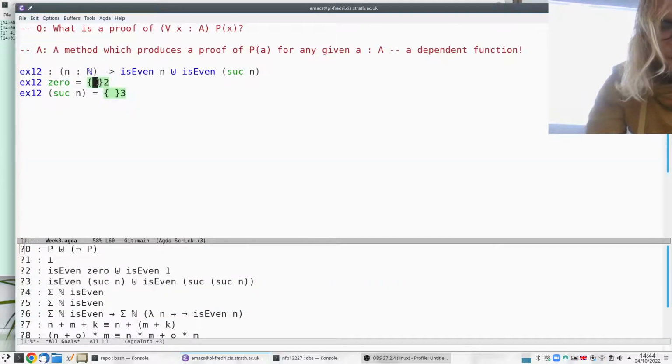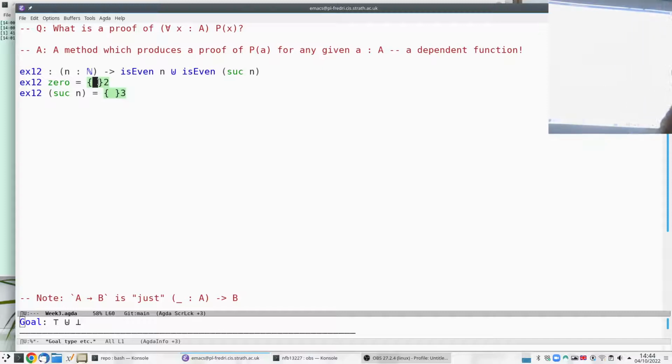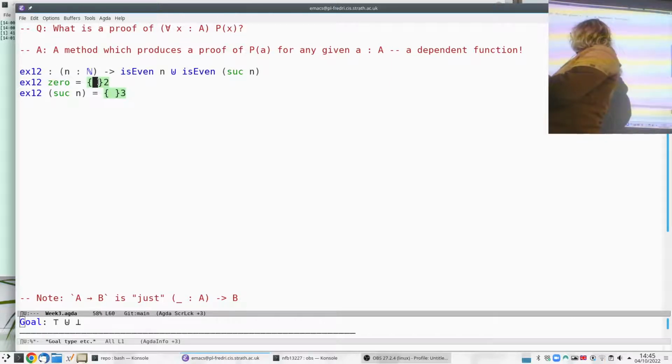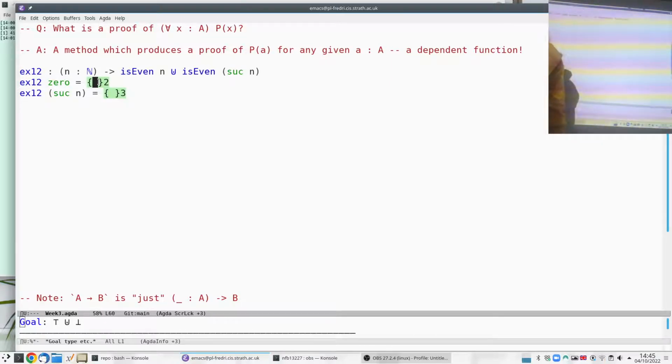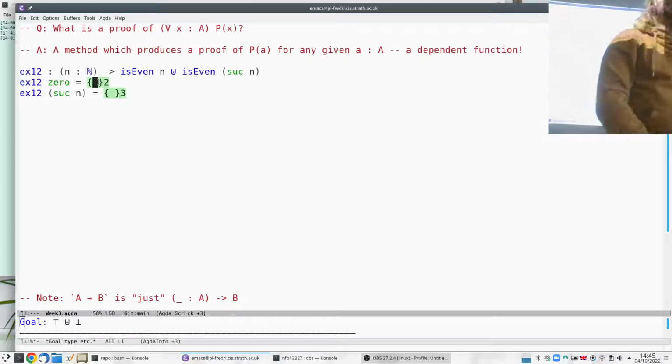Okay, and then we see that is even of 0 was defined to be top, true, is even of suc of 0 was defined to be false, empty. So these things have now computed down to these things, right? And now it's becoming a little bit clearer where we should go. I think, right? We can either go left and win, or we can go right and struggle.